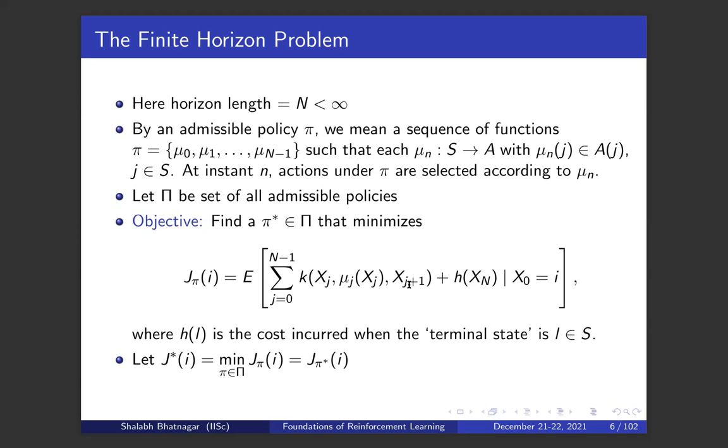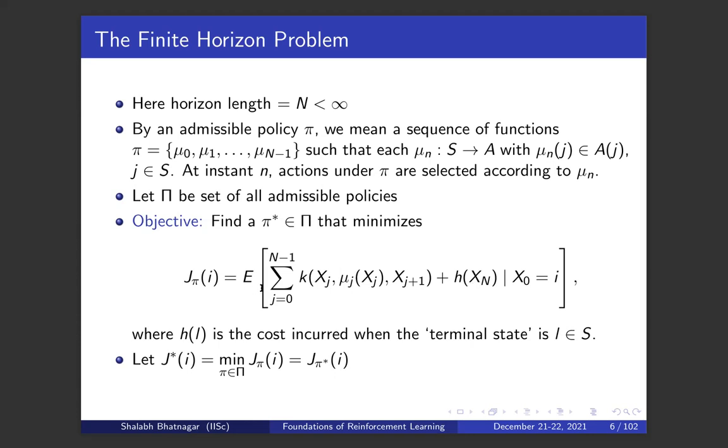Then the process jumped probabilistically into state x1. Now at x1, you pick action mu1 of x1, and then you move probabilistically into a state x2, and so on. So it's just a sum of costs. And this is what we call the terminal cost, h of xn. Here xn is the terminal state, the state in which the process ends, and there is a cost associated with that as well.